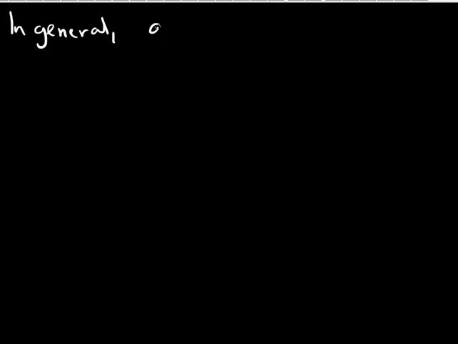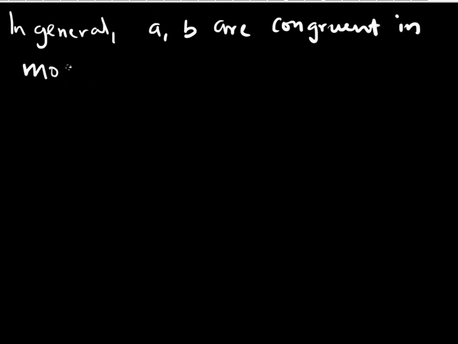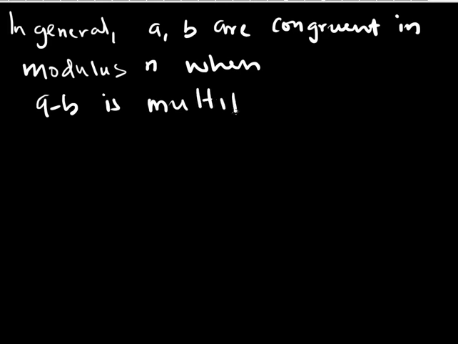Two integers, say a and b, are congruent in modulus n when a minus b is a multiple of n.